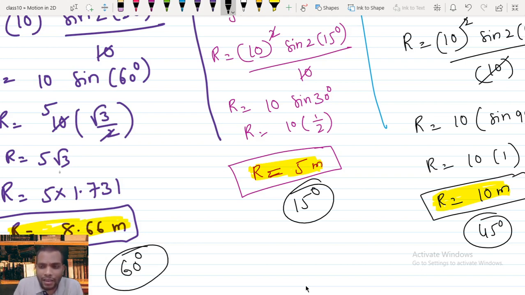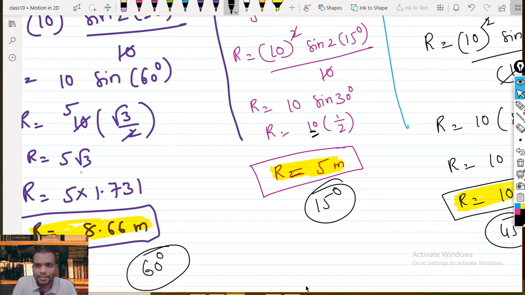So if the angle of projection equals 45 degrees, then the projectile reaches the maximum range. Again repeating, if the angle of projection equals 45 degrees, then the projectile reaches the maximum range.